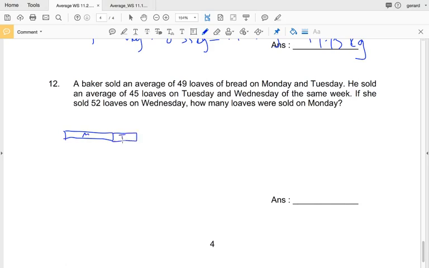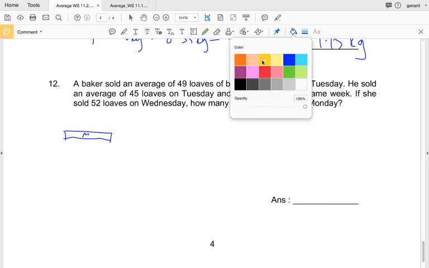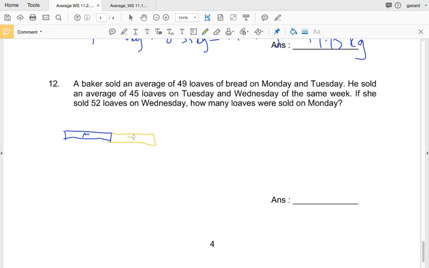Actually, let's use different colors. Monday is blue. Then we change the color, use some orange. Orange is Tuesday. Now this whole thing, later I'll write the number.